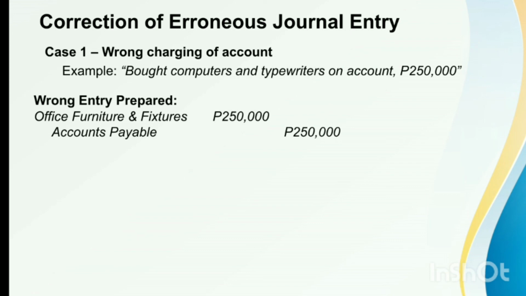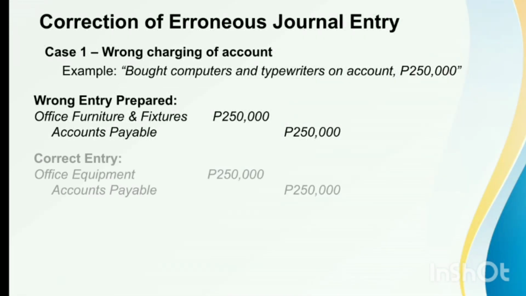Debit to office furniture and fixtures, 250,000, and then credit to accounts payable, 250,000. So this is a wrong entry because computers and typewriters are not office furniture and fixtures. These are office equipment.